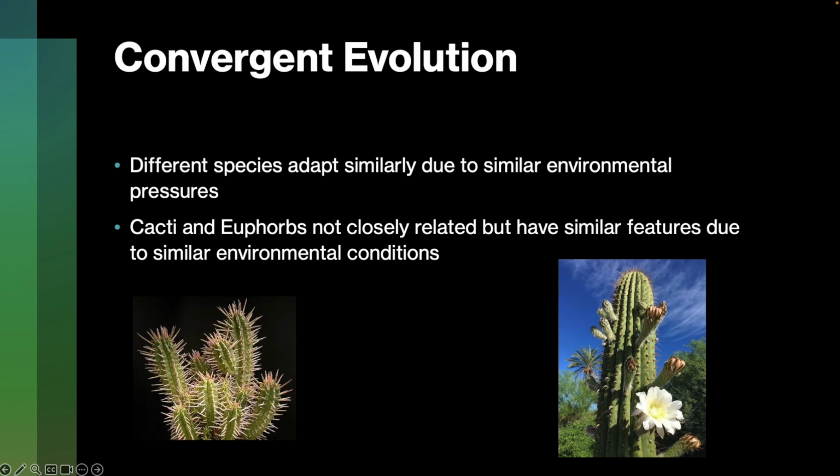So different species adapt similarly due to similar environmental pressures. According to their theory, this is the idea. And believe it or not, the euphorb on the left is not closely related genetically to a cactus, even though it looks very, very similar, right? They both have spines, they both have fleshy leaves, they both store water, so they have a lot of these very similar features.